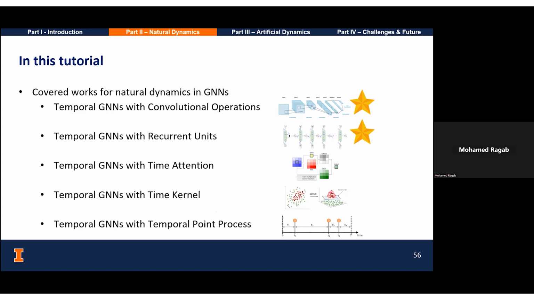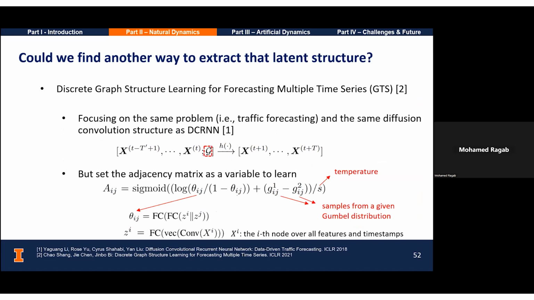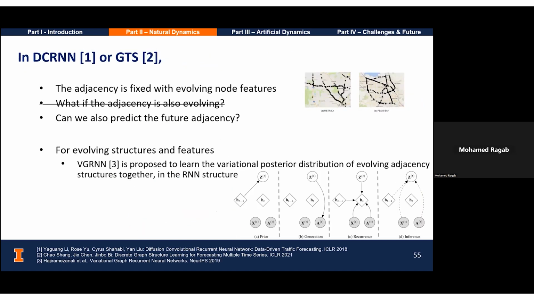Okay. Another point I'm mentioning, especially for recurrent units. You have mentioned, for example, the discrete graph with fixed adjacency matrix. Then you have mentioned solutions, like either to update the adjacency matrix or the variational graph recurrent neural network with evolving adjacency matrix.